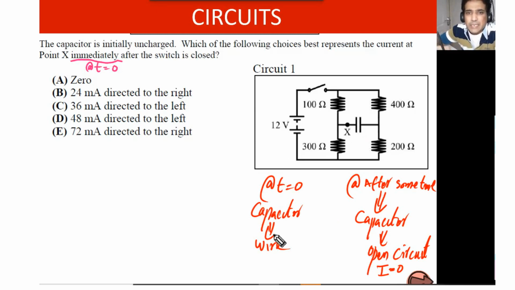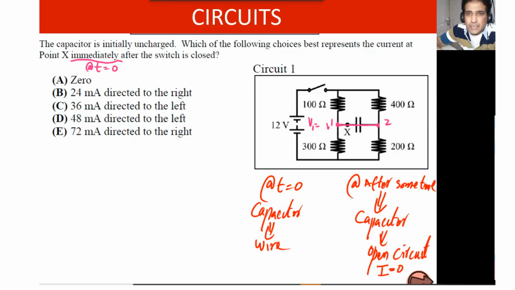So it will act just like a wire. If this is a wire, there is no potential difference in an ideal wire, so there is no delta V. If I say this is point 1 and this is point 2, it means V1 has to be equal to V2.